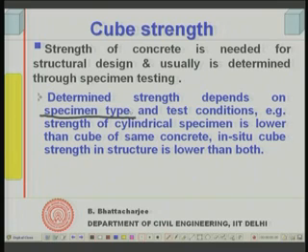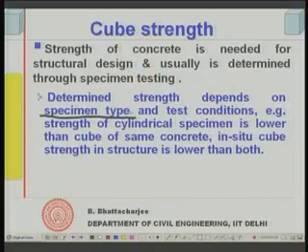We shall discuss these factors sometime later on and their effect on the strength measured, but at the moment we shall understand that the strength of concrete determined from one type of specimen is different than that determined through another kind of specimen.